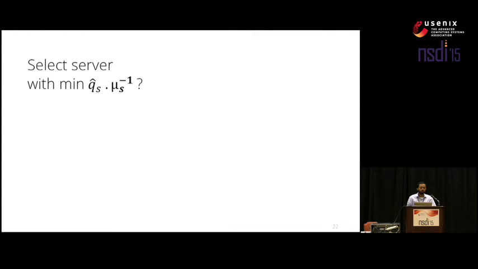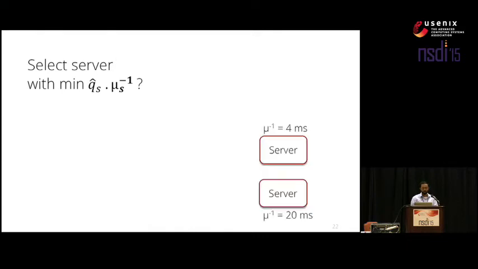Now, we have a queue size estimate. Can we go ahead and compute the queue size and service time product in order to start selecting servers? Let's see how that would pan out if we were to use this as a scoring function to rank and select replicas. Consider the following system with two servers, one with a service time of 4 milliseconds and the other with a service time of 20 milliseconds. Let's say we had a queue buildup of 20 requests at the slower server.